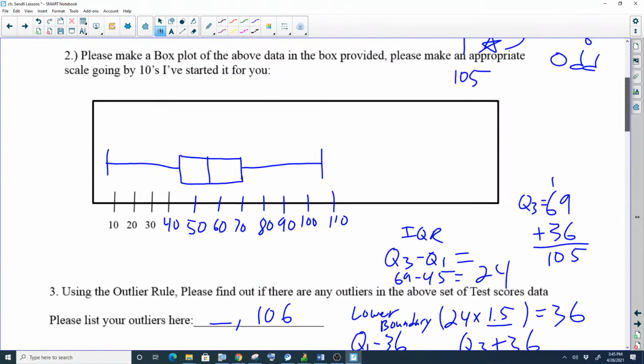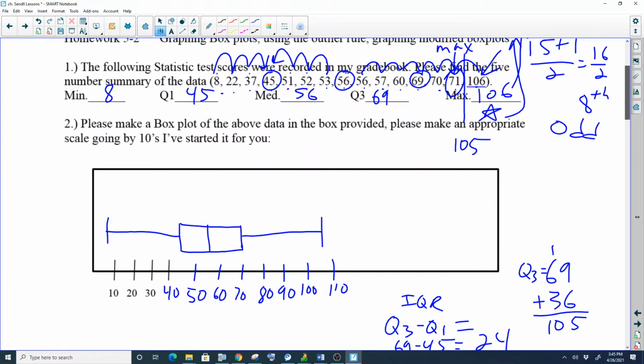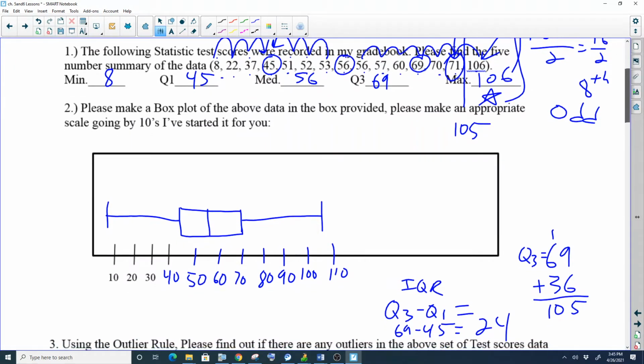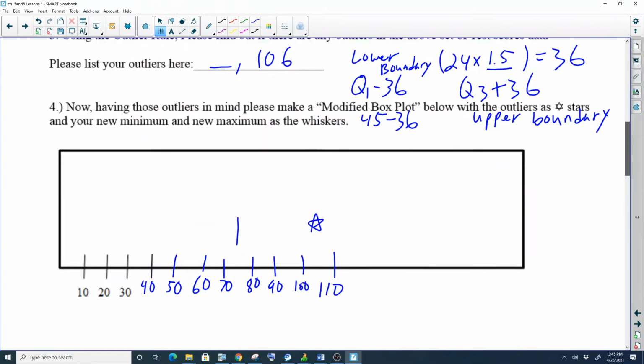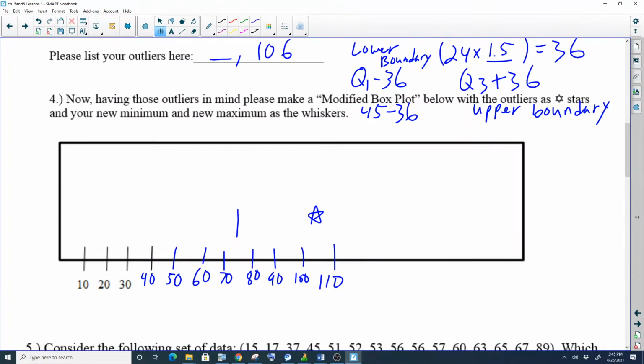And then again, our Q3 is 69 still. And so that's just below that. And then our median is 56 and 45. So 45 and 56 and 69. So that really truncated our TIE fighter there. There we go.